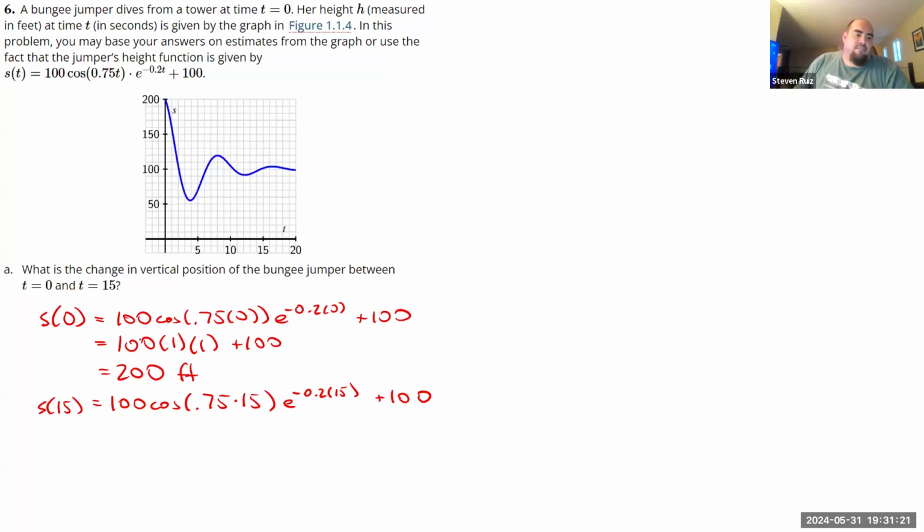I'm using my phone, so let's do this in pieces. I get 25.169 times e to the negative 3. What is e to the negative 3? 0.04979, plus 100.